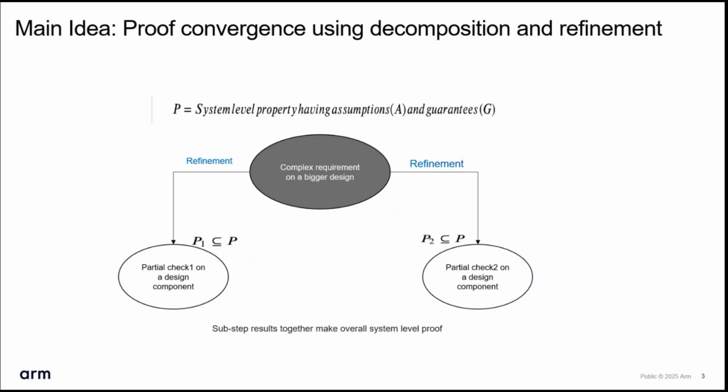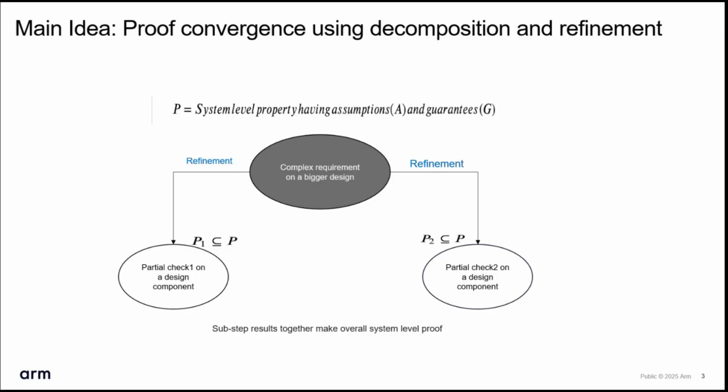The decomposition lies in the idea of refinement, in which we say that the decomposed properties map to the component level properties of a bigger system. If they are P1, then this P1 is a subset of the property P, which is the system level property.